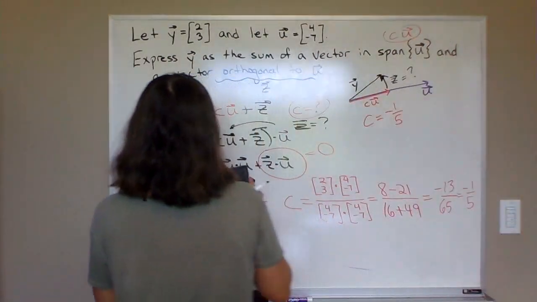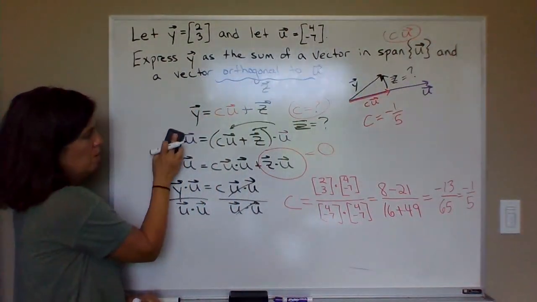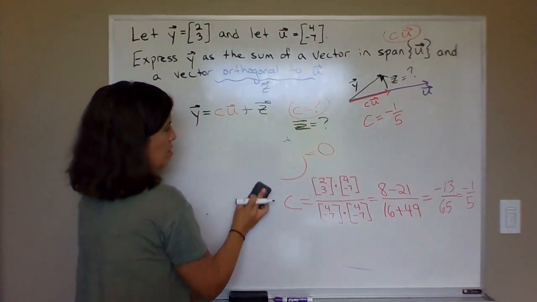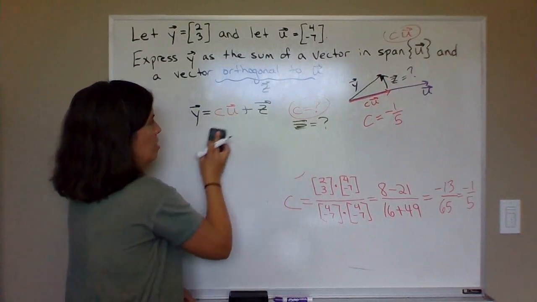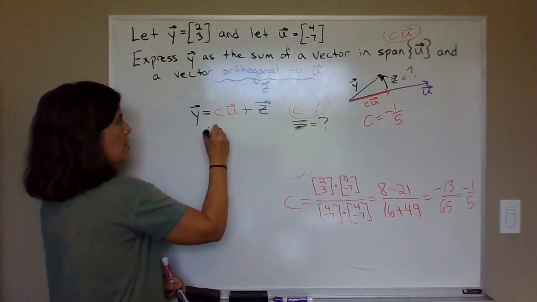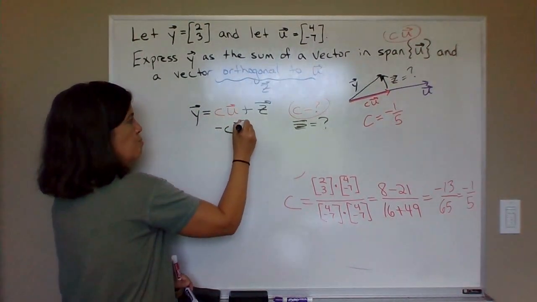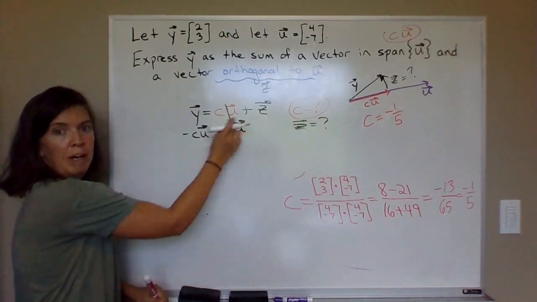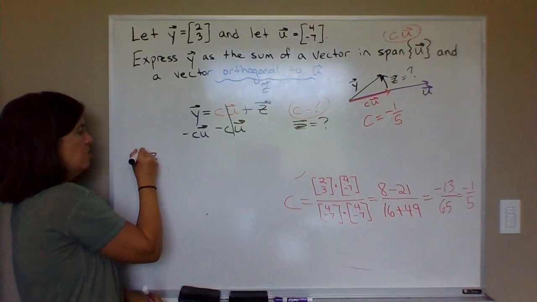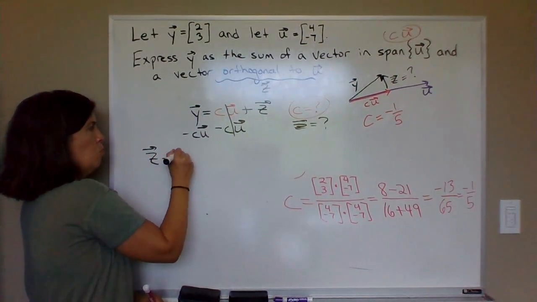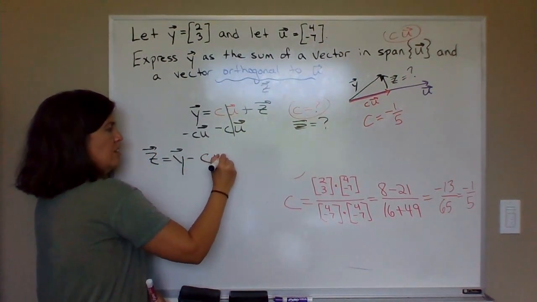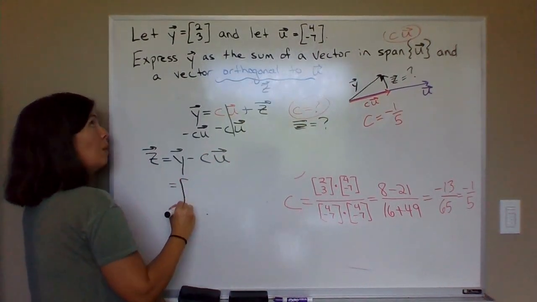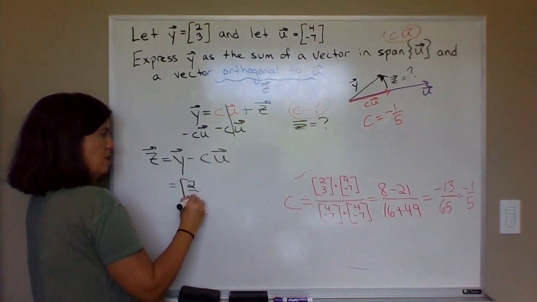Like I mentioned a second ago, let's get rid of this. If we subtract cu from both sides of this equation, we'll have z by itself. So the vector z is equal to y minus that vector in the span of u. In this case, y is the vector 2, 3.